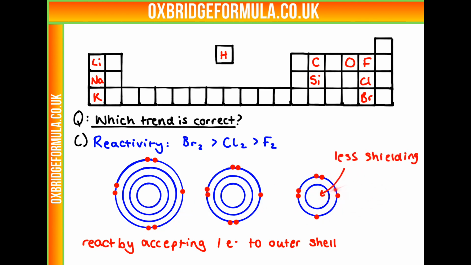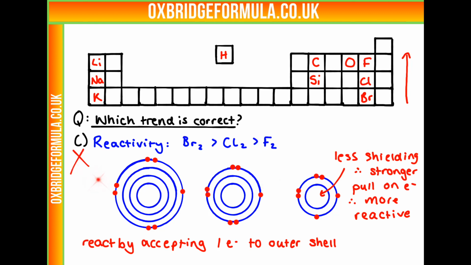Well, this one has the fewest shells and therefore has less shielding on the positive charge of the nucleus. So it has stronger pulls on incoming electrons and therefore is more reactive. So our reactivity series for this would actually start with the lowest being bromine going up to the highest being fluorine. So this should actually be flipped around, so it's not correct.